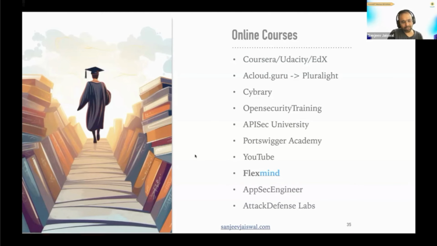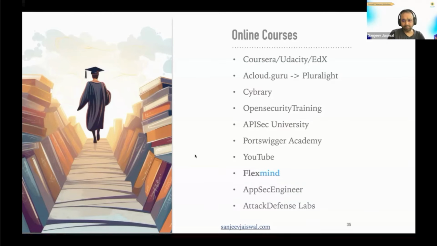Same thing on YouTube. There are lots of channels, for example for network security there is David Bombal, or nowadays Rana Khalil is doing good from the cyber offensive side. Lots of courses are there at different companies, for example Simplilearn, Edureka, upGrad, and FlexMind. AppSec Engineer is the one for application security.